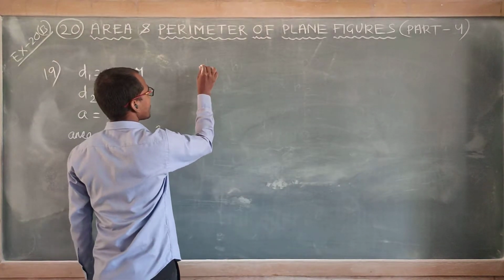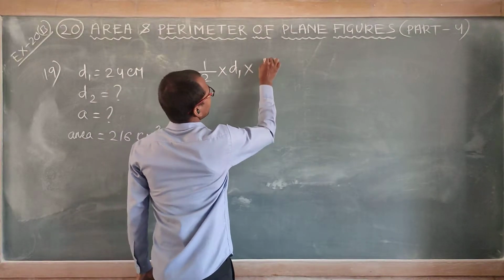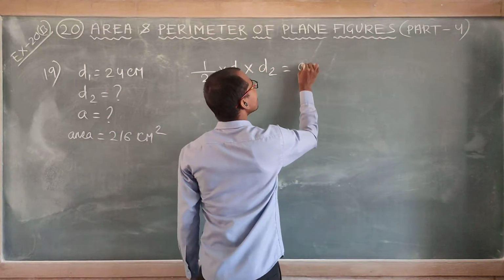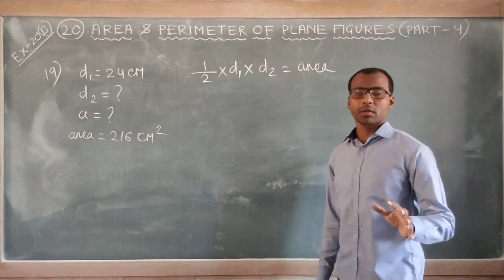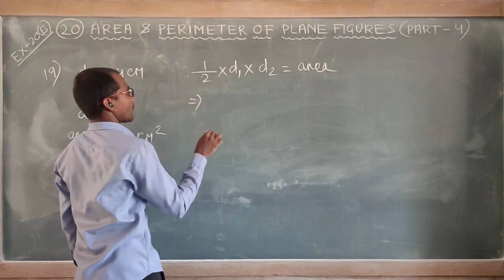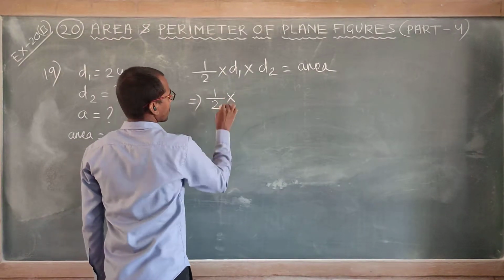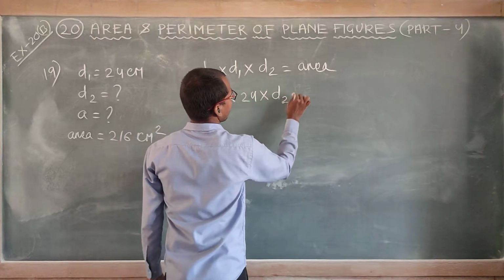Now see, area of the rhombus is half into D1 into D2, because diagonals of a rhombus are perpendicular to each other. So I put the formula 1 by 2 into D1, which is 24, D2 I don't know.